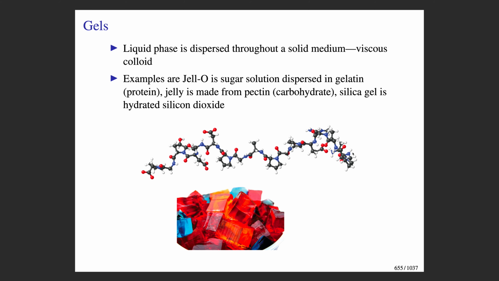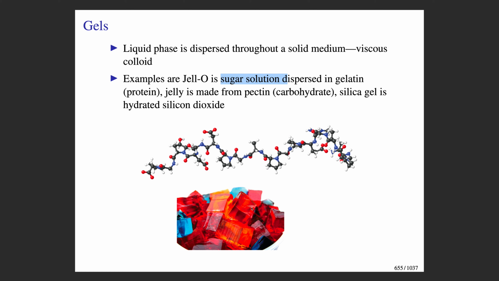Finally, this last slide is just on gels. Recall that a gel is when you have some liquid phase dispersed throughout a solid medium. It's a very viscous type of colloid. The reason I include it is because Jello is an example. You have this gelatin protein, a large molecule that forms a solid, and then the Jello is made by dispersing a sugar solution and food coloring throughout the solid material.